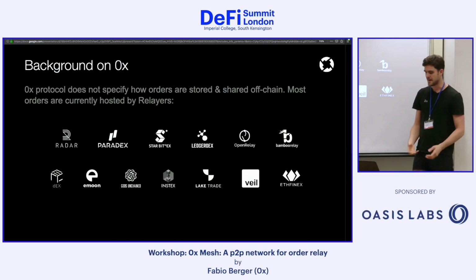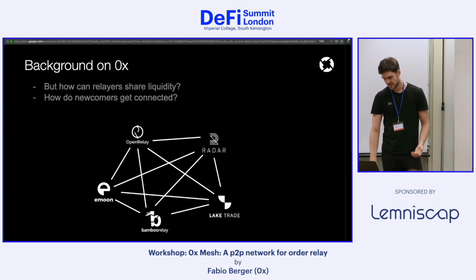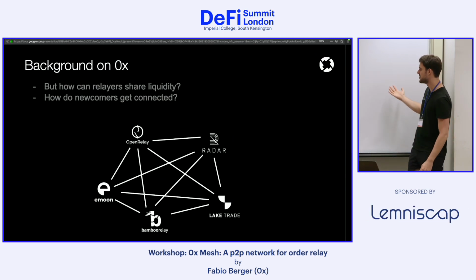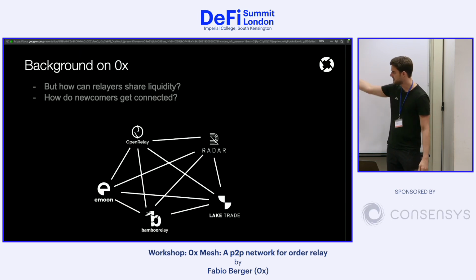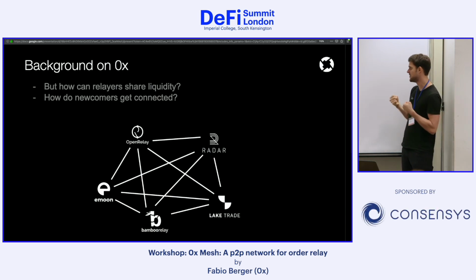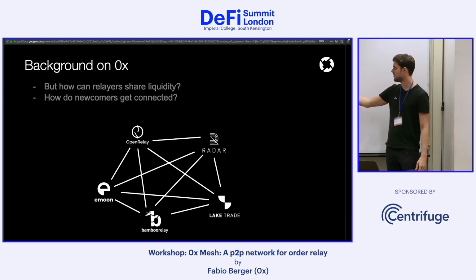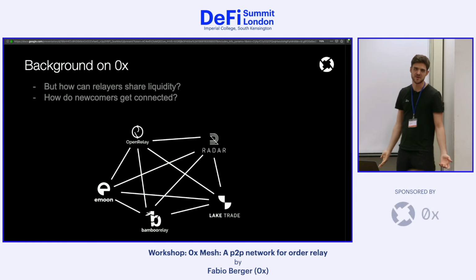But how do these relayers share liquidity? Well, one naive approach is every relayer integrates with the APIs of every other relayer and pulls the orders in. But this is super inefficient because every single one of these connections is a custom integration.